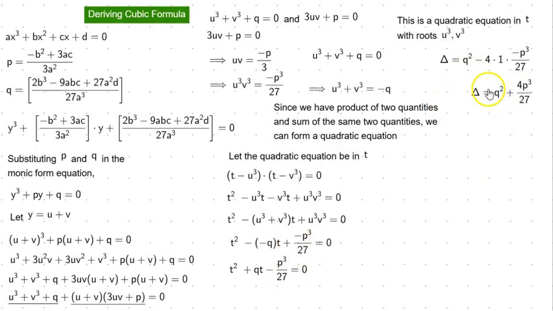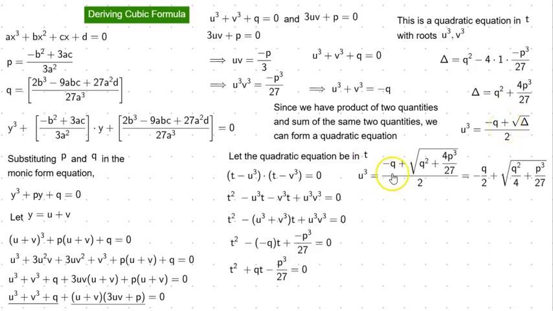Delta is equal to q square plus 4p cube by 27. Now u cube is equal to minus q plus square root of delta divided by 2. Because remember, u cube is one of the roots. So let's take the plus part of the quadratic formula.